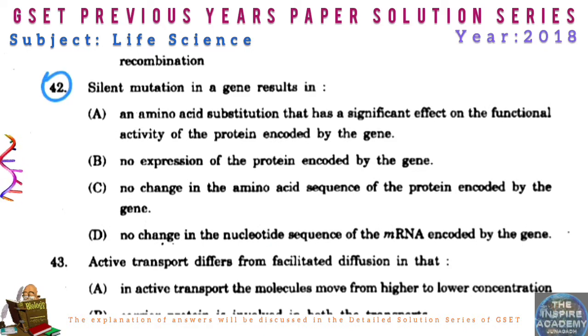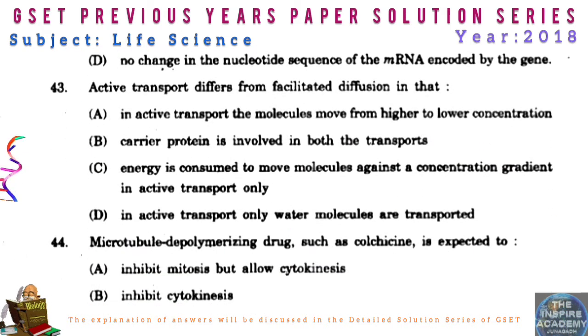Silent mutation in a gene results in no change in the amino acid sequence of the protein encoded by the gene. Question number 43. Active transport differs from facilitated diffusion in that energy is consumed to move molecules against the concentration gradient in active transport only.